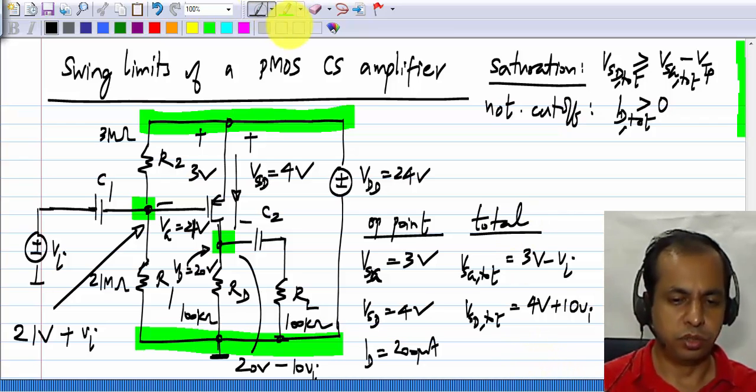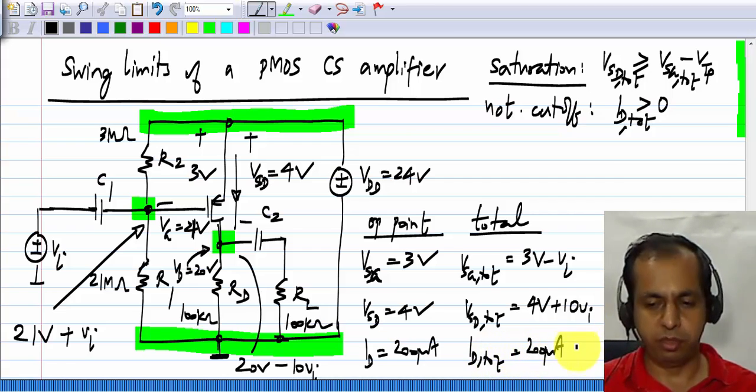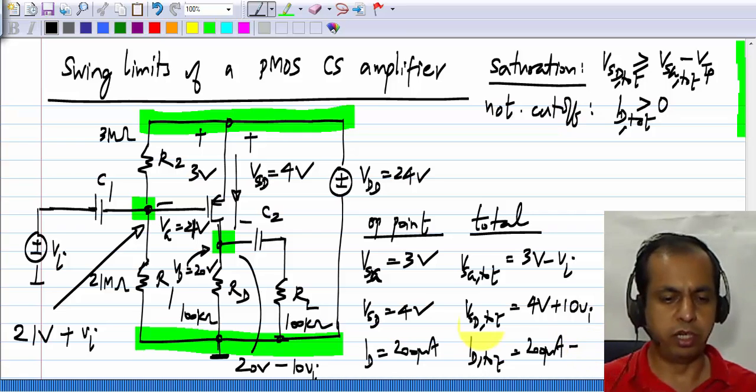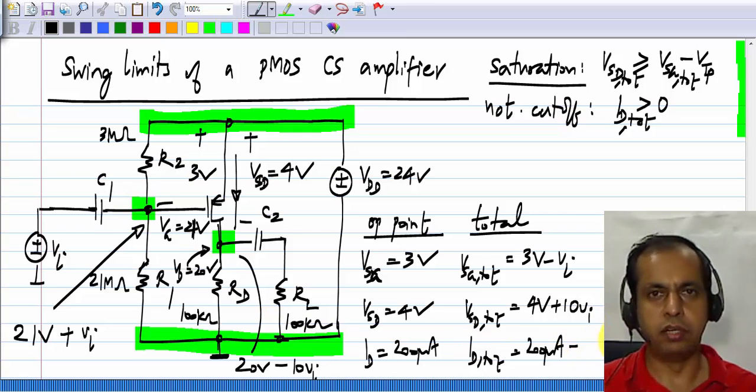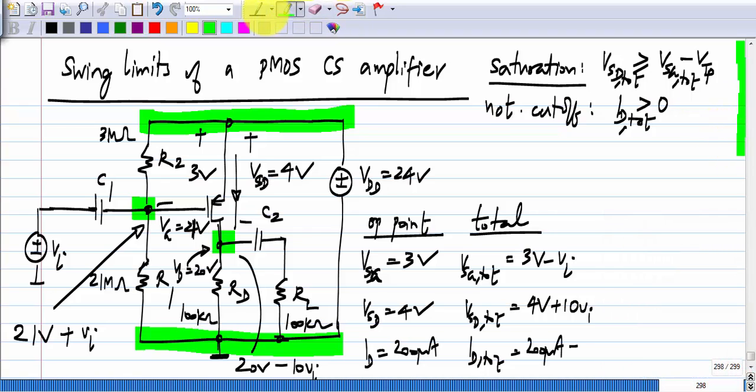So the total drain current is 200 microamperes minus GM VGS, or minus GM Vi, because in this case Vi and VGS are the same. It is 200 microamperes minus 200 microsiemens times Vi. So you see that the crucial differences lie in these signs.